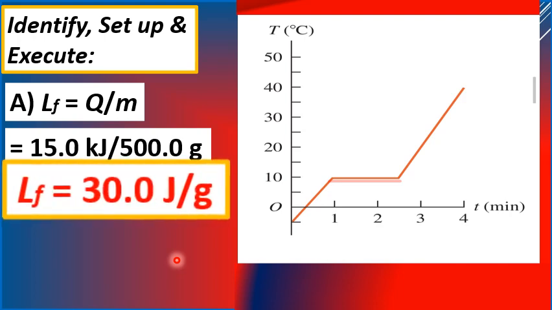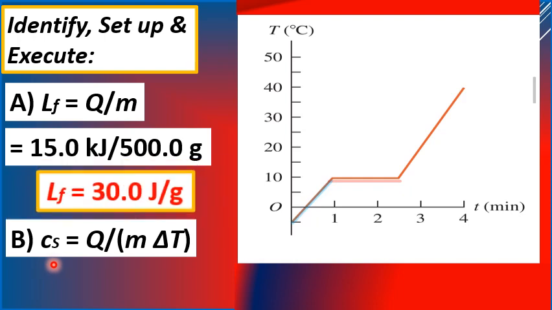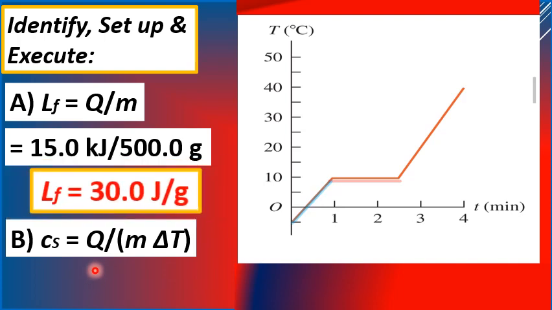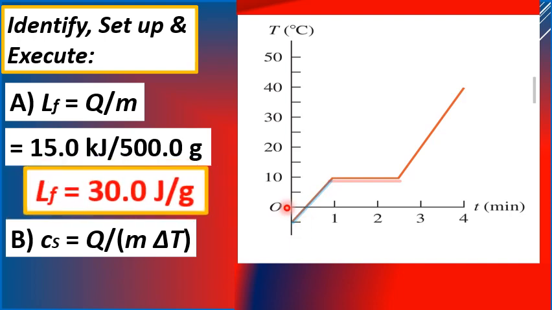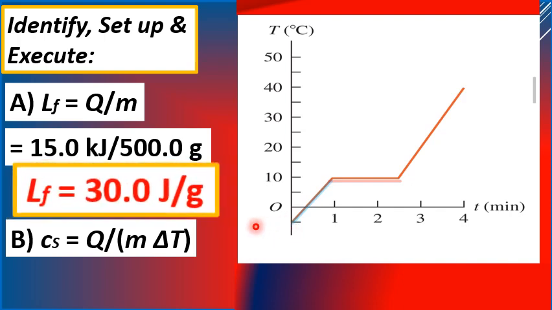Moving on to question letter B, the first question is asking for the specific heat of the substance when it is still in its solid state. At time zero, notice that the initial temperature of the substance is understood to be negative 5 degrees Celsius.